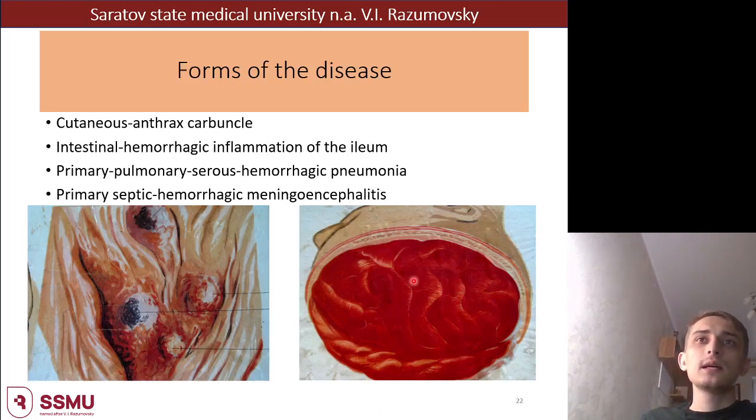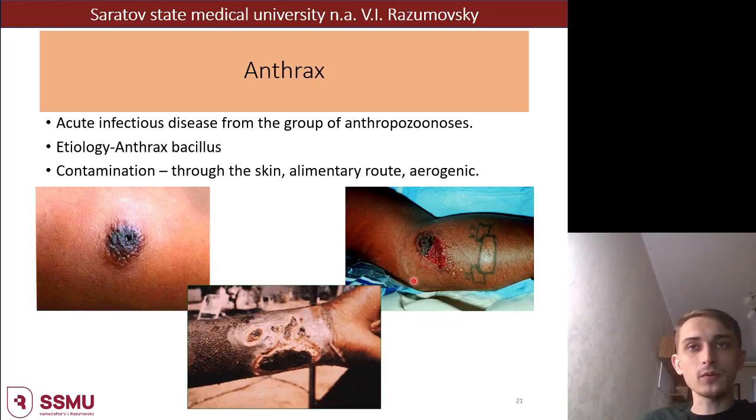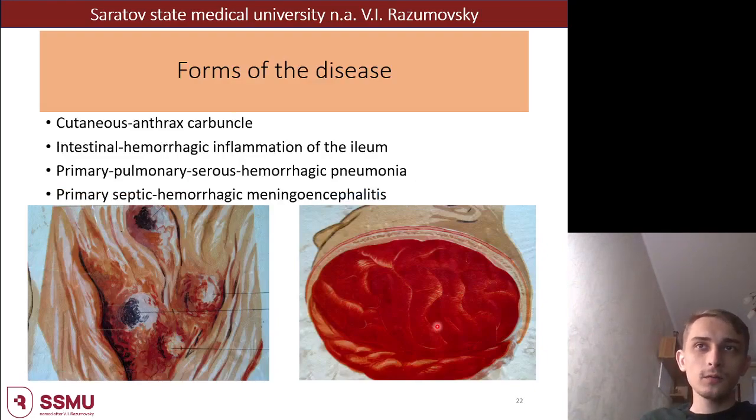We can also see different forms of anthrax. In the cutaneous form, the typical anatomical manifestation is the anthrax carbuncle, and I have already shown you on the previous slide all of these manifestations. The intestinal form of anthrax is hemorrhagic inflammation in the ileum.